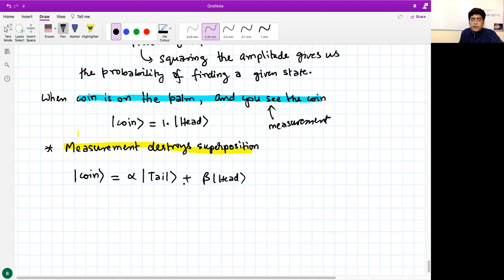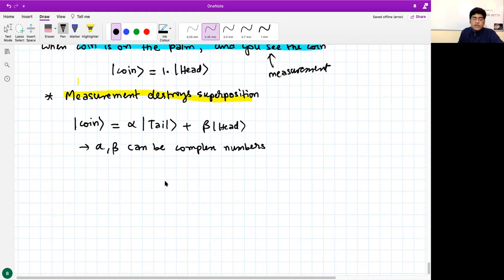In a quantum state, alpha and beta can be complex numbers. We'll come to this in more detail as we go on to operator algebra. So this is how a state is defined.